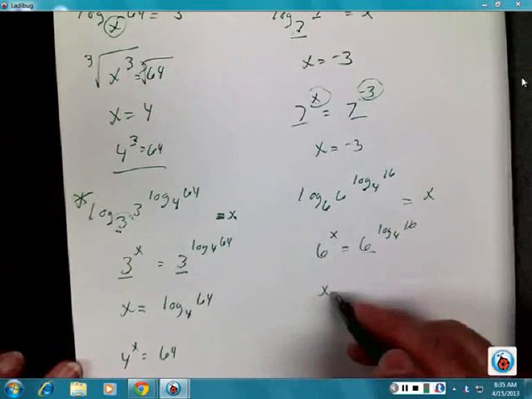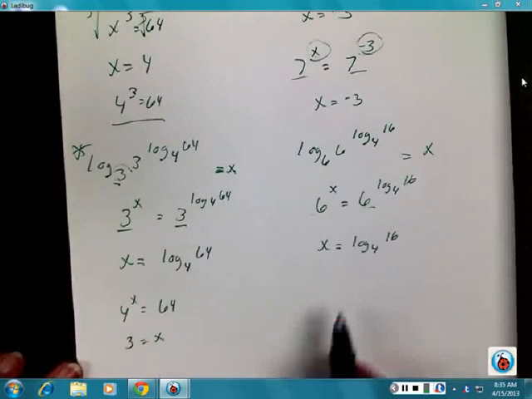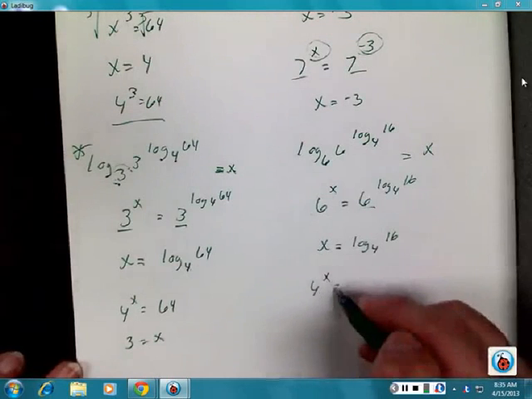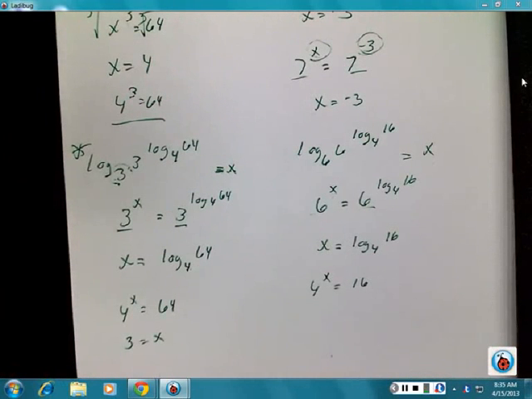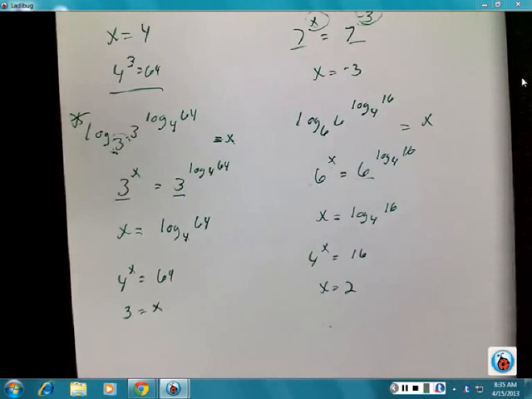Exponents become equal to each other. Reverse it. 4 to the x power is equal to 16. And so my answer is? What? Give me my answer. 2. Yep, x equals 2. I think these are a little easier than some things we were doing. It's just remembering that you gotta shift it back around to end up with what your possible answer could come up to be. How about this one?